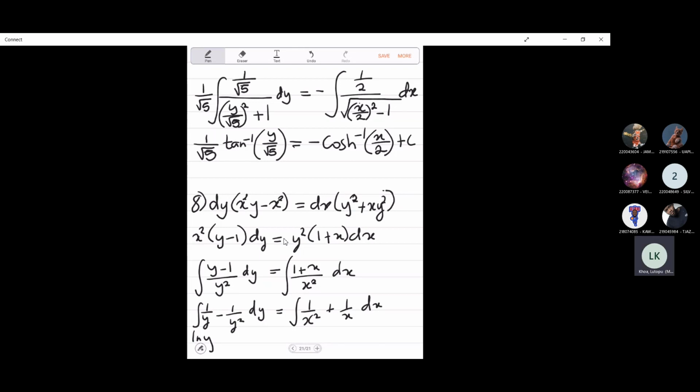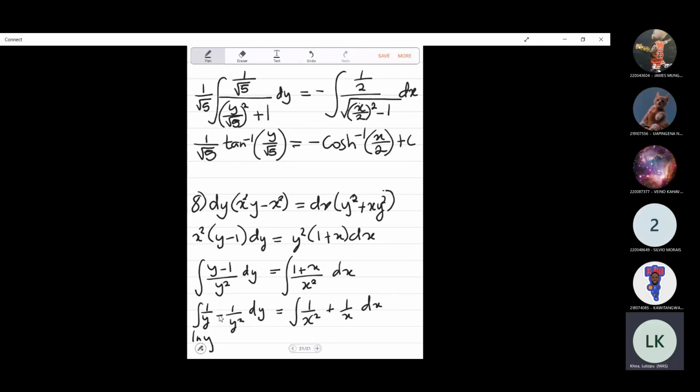That's y to the power of minus 2. So we have y to the power of minus 1 divided by minus 1, and then that minus multiplied with this one becomes positive. So I have positive 1 over y. And same thing on the other side. I have 1 over x squared. Here I will get negative 1 over x, and then ln of x, plus the constant of integration. That is how we integrate it.